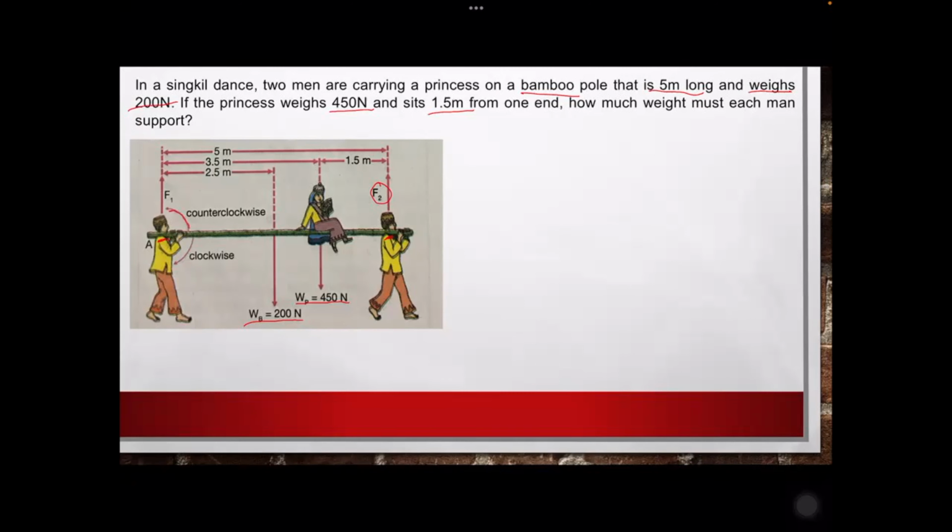Kasi, kapag itinaas nitong F2, ng person 2, papunta din yung bamboo pataas. Pag ibinaba naman niya, papunta naman yung bamboo pababa. So, kaya meron dito counterclockwise at saka meron pa dito clockwise. Imagine the direction of the bamboo kapag gumalaw yung isang tao. Kaya yung ating reference na gamitin is the F1.